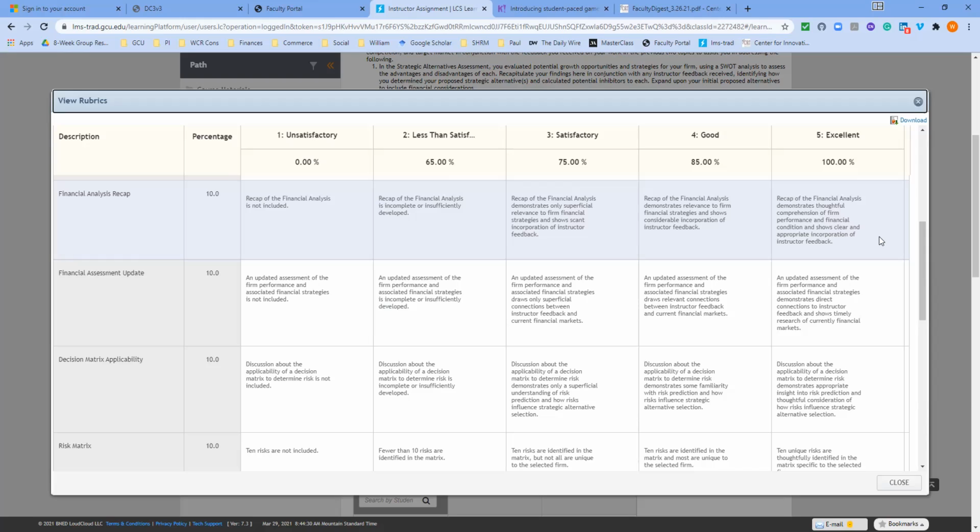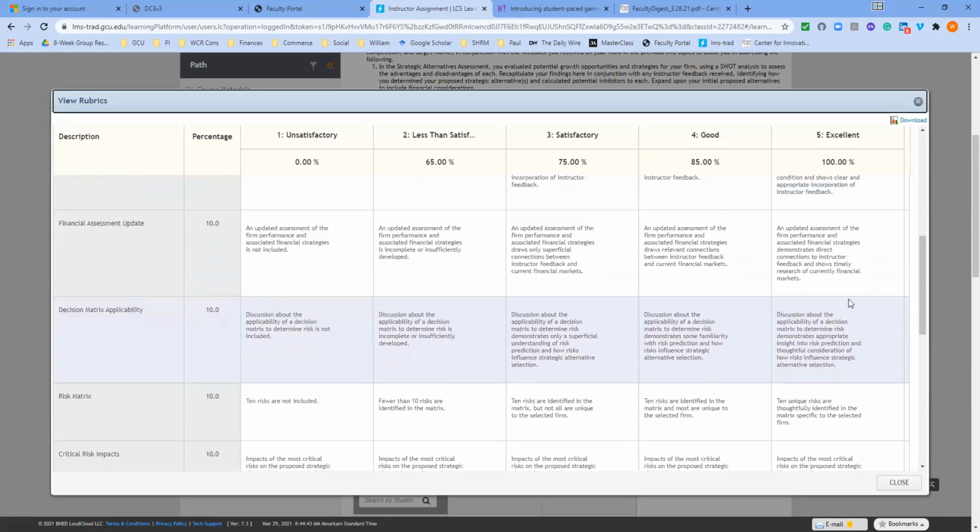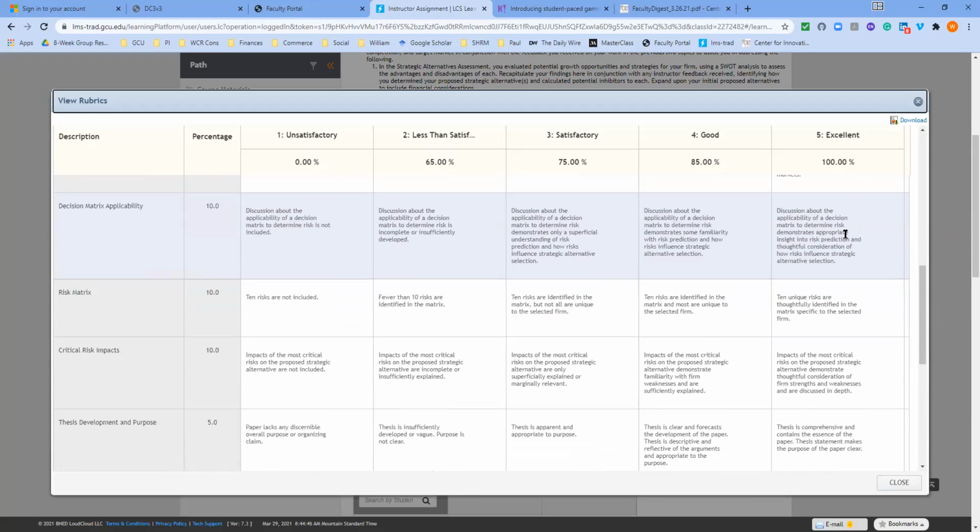Financial assessment update: an updated assessment of the firm's performance and associated financial strategies demonstrates direct connections to instructor feedback and shows timely research of current financial markets. Then we're talking about the applicability of the decision matrix again. Discussion about the applicability of a decision matrix to determine risk demonstrates appropriate insight into risk prediction, and thoughtful consideration of how risks influence strategic alternatives.